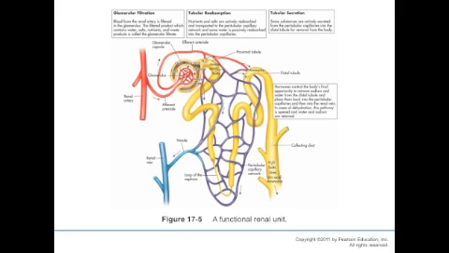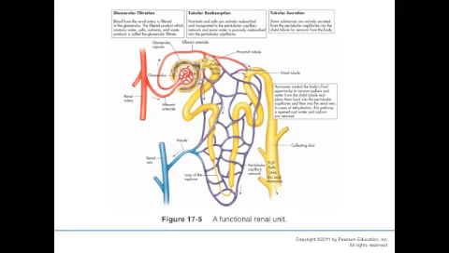Not far from that place, along the renal tubules, you see that amino acids and salts are brought back into the blood vessels, so those are saved. They don't go out into the urine. Also at this point, water can be reabsorbed back into the vascular system.